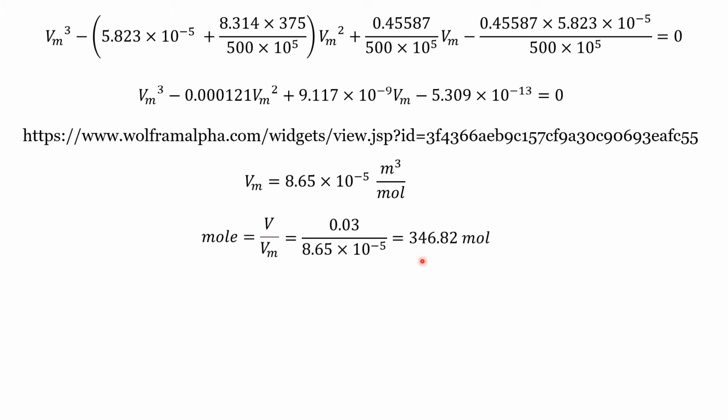So number of moles will come out as 346.82 mole. Now we can convert these moles to weight. So weight of ethylene will be equal to moles times its molecular weight, and it will come out as 9.71 kg.